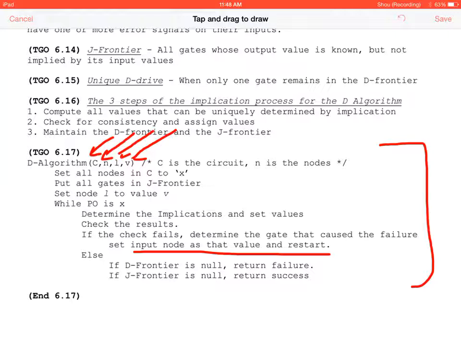So we don't want the D frontier to become null. If the D frontier becomes null, that means we failed. That means we're unable to determine a stuck at fault. So there's approximately 98% where we get fault coverage, but there's still going to be 2% where there's an issue.